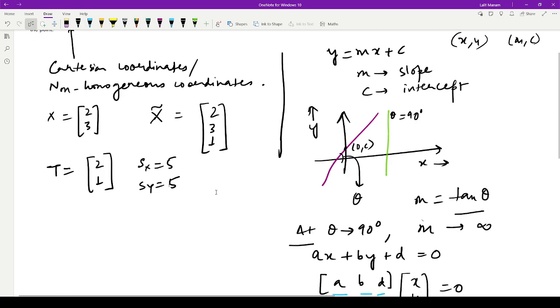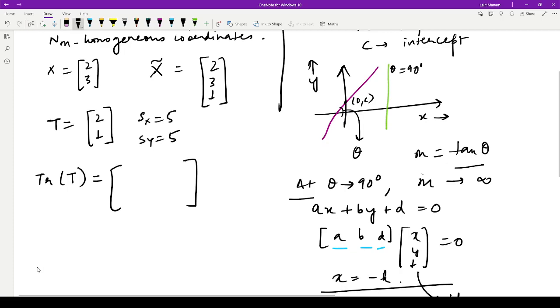So what is your transformation? I'll write the transformation related to t. How will it look given that x is in homogeneous coordinates? What is the size of this transformation matrix?